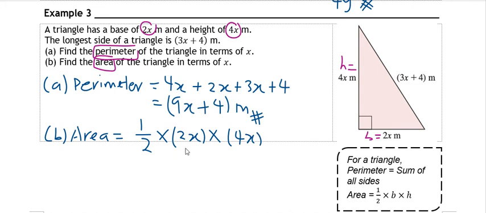So half times 2x times 4x. Here you can cancel the 2: 2 divided by 2 is 1. So you are left with 1x times 4x. 1 times 4 is 4, and x times x is x squared. So this is already your area. Area should be in meter squared, so you have 4x squared meter squared.